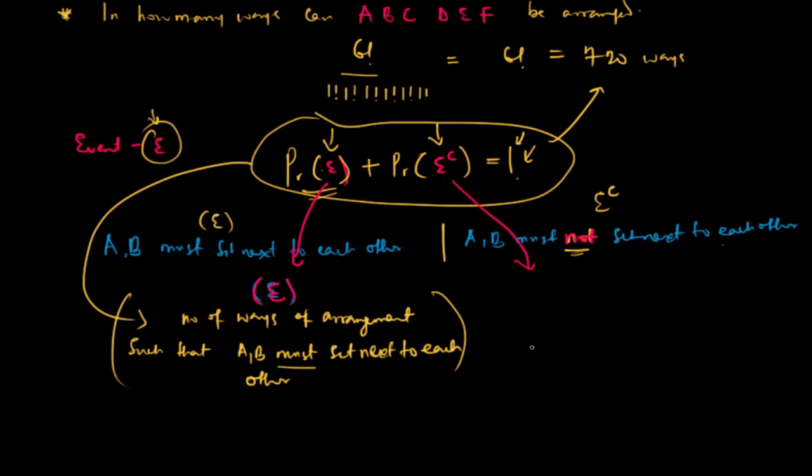Then for E complement, it's going to be plus. If E is must sit next to each other, then the complement is going to be must not. So this is going to be the number of ways of arrangement such that AB must not sit next to each other.